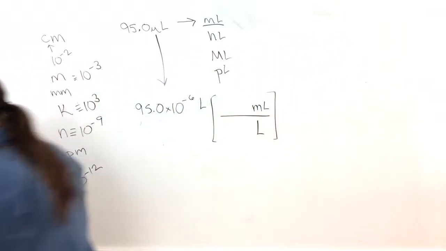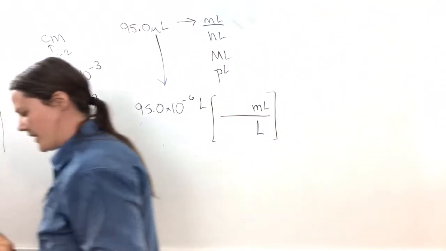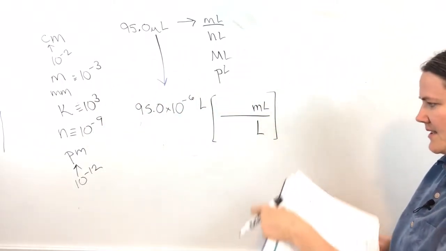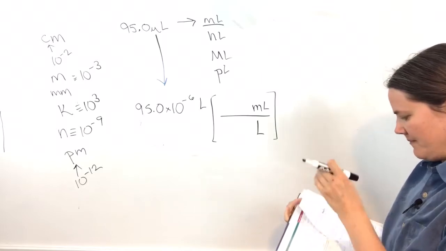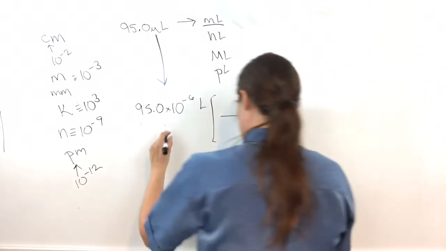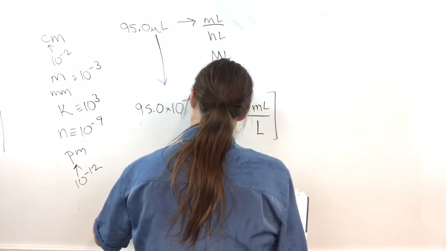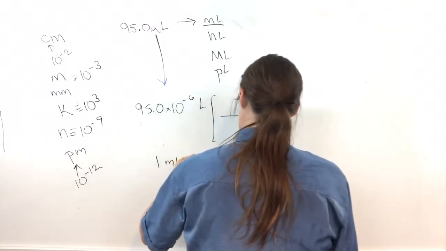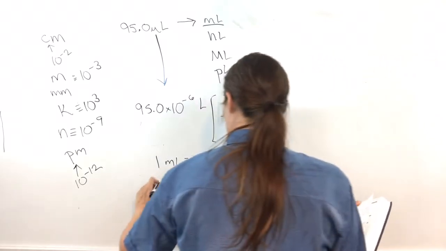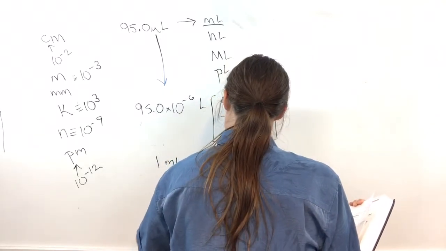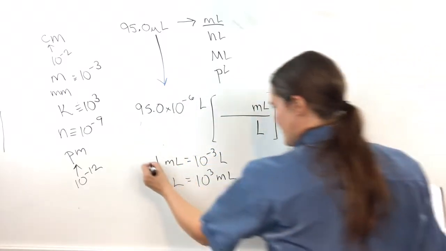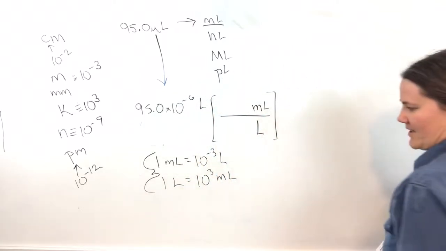If we didn't know this conversion factor, we would look at our table, and it should tell you some conversion factors. I'm looking at a column that says equality. For this one, 1 milliliter is equal to 10 to the minus 3 liters. This could also be written as 1 liter is equal to 10 to the third milliliters. These are the conversion factors that we can use.